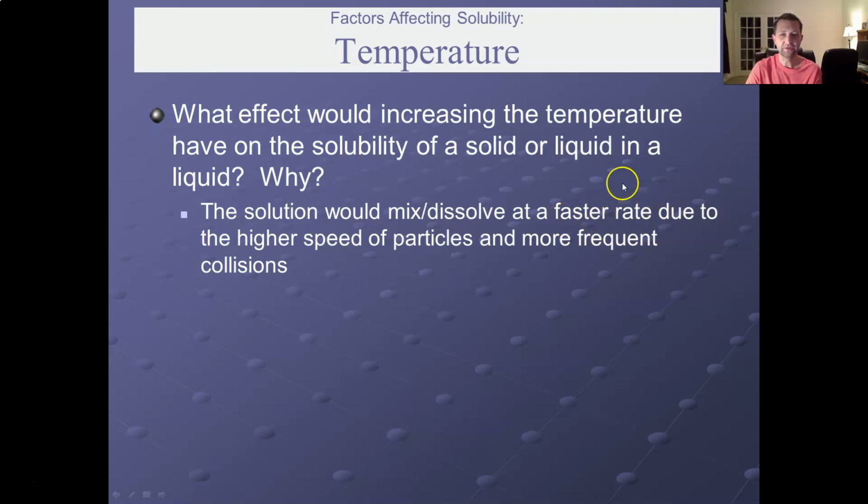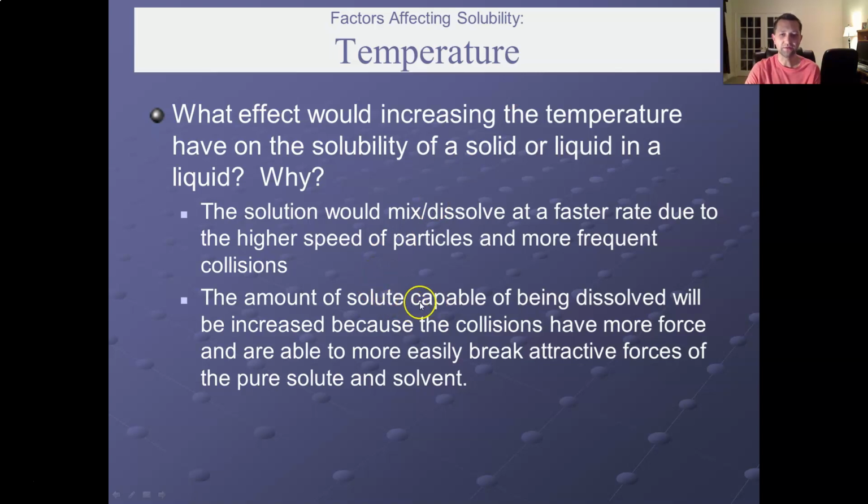So there's a faster rate of movement and a faster dissolving rate because there are more frequent collisions. The solute and solvent, if they have those similar forces of attraction, will collide more often, and they'll be able to interact more, and therefore dissolve better. We've known from Unit 1 in Chem 1 that at a higher temperature, particles move faster. You're just applying that knowledge to this scenario.